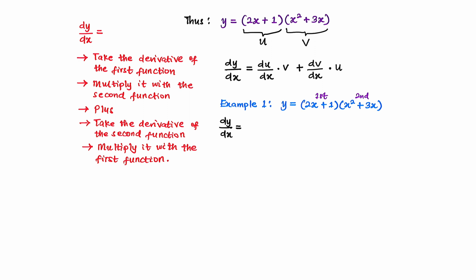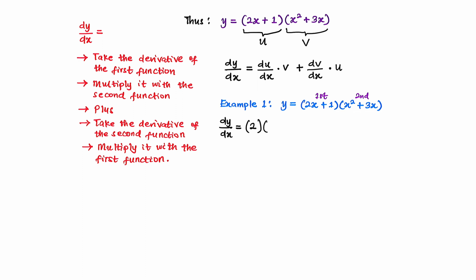So the product rule states the dy dx equals take derivative of the first function. So we take derivative of 2x plus 1. When we take the derivative of 2x, we have 2. And when we take the derivative of 1, 1 is a constant, so we have 0. So we've taken derivative of the first function, we multiply it with the second function. So this is the second function. We don't take the derivative of the second function, we just multiply it with this second function.